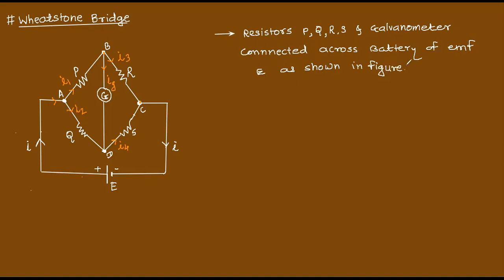What we have used in this diagram: 4 resistors, 1 galvanometer and 1 battery. If you want a key, you can use it, otherwise it is not necessary.